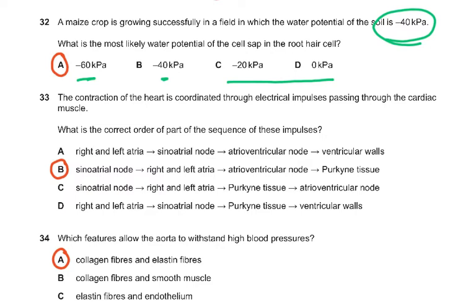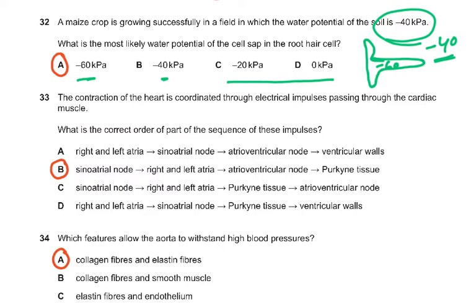Now, you know that for the maize crop, why would the water potential of the soil be minus 40 kPa? What is the most likely water potential of the cell sap in the root hair cell? So this is the root hair cell, and in the soil is minus 40. So inside it has to be minus 60, because outside is a higher water potential. It goes from a less negative to a more negative.